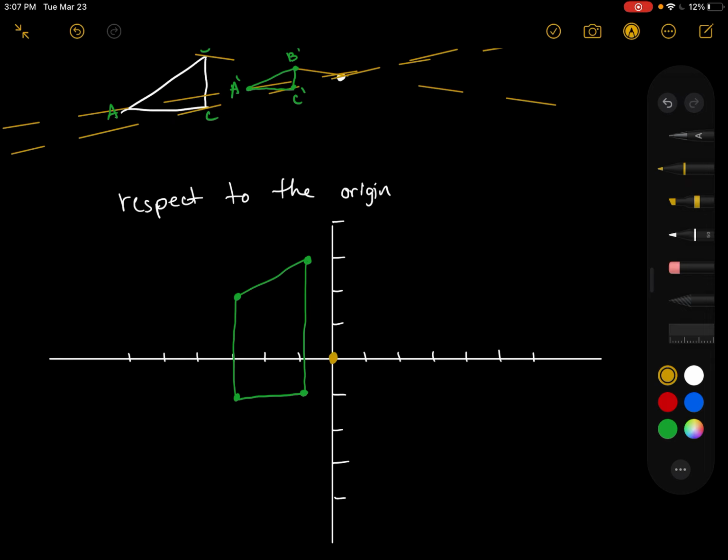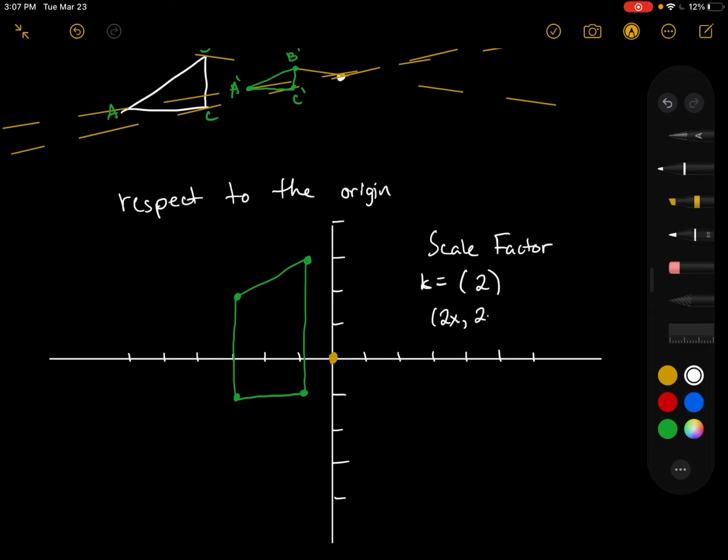And every move that we make is going to be with respect to the origin. So let's say in this case, our scale factor, and they're going to tell you this, let's say we have a scale factor of, we'll call it maybe 2. That'll be easier. K equals 2.